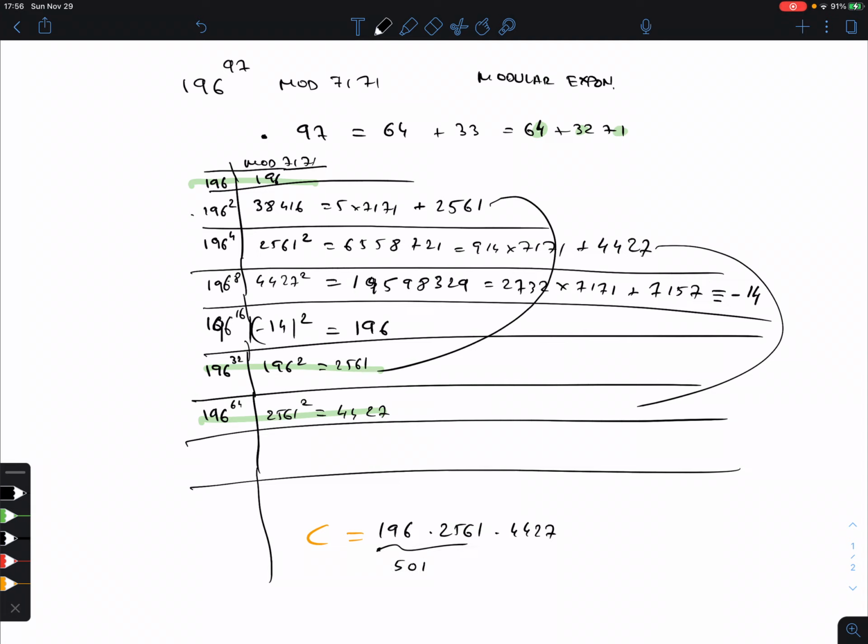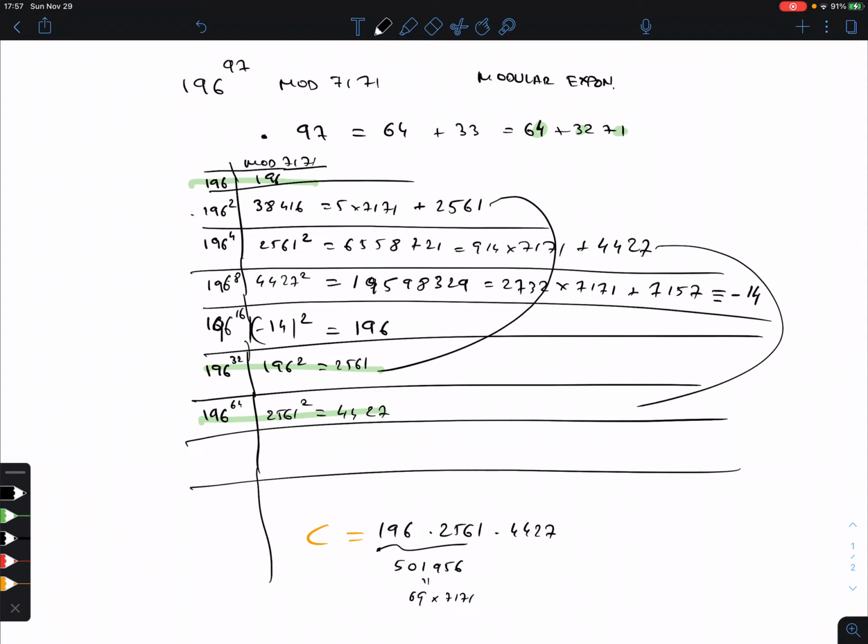This is 501,956, divided by 7171, that is 69 times 7171, and subtract from that 501,956.